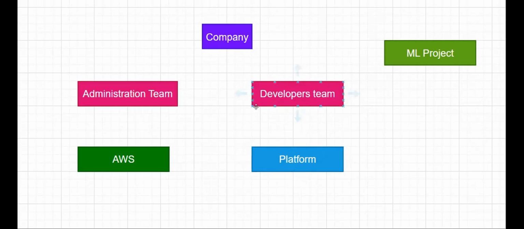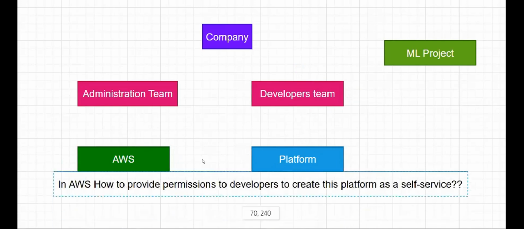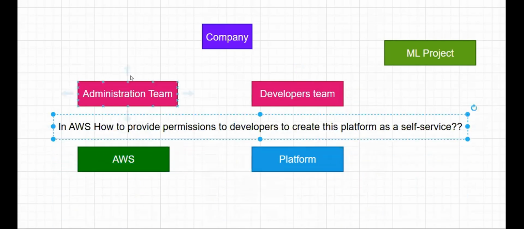Even though these developers don't know about infrastructure or how to create the platform, how can these admins provide permissions to the developers to create this platform whenever they require? As a self service, whenever they require, how do they create these platforms in the AWS cloud and use them whenever they require? That is the major question that arises right now for this administrative team.